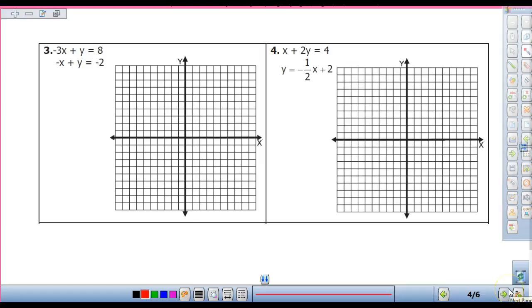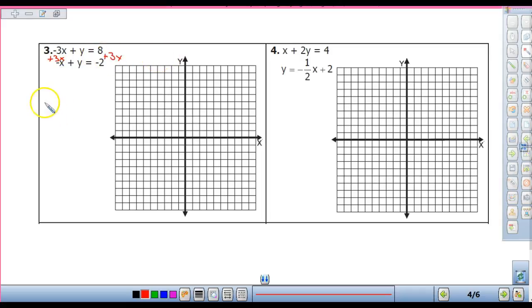Let's look at number 3. What's wrong with number 3? It's not in slope-intercept form. We've got to get both of them in slope-intercept form. So my top equation, how am I going to get it in slope-intercept form? Add 3x to both sides.